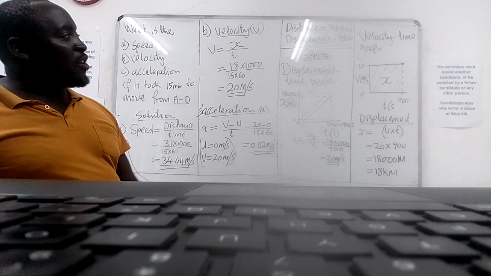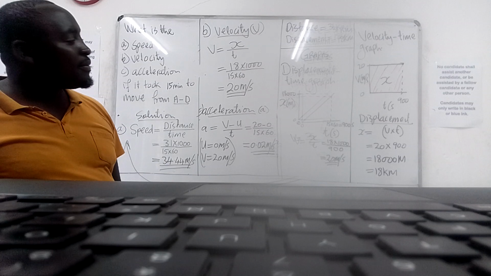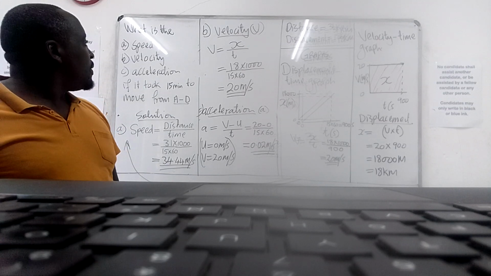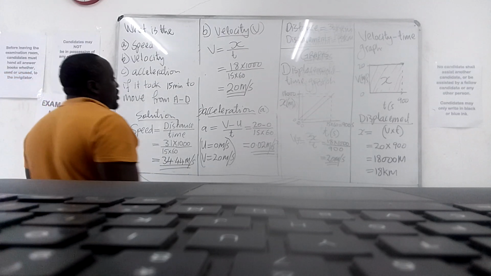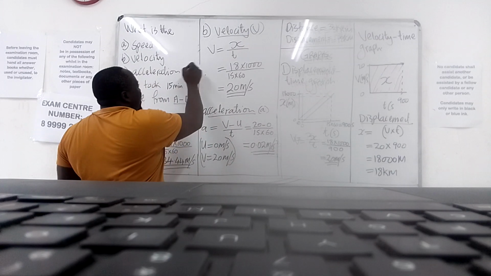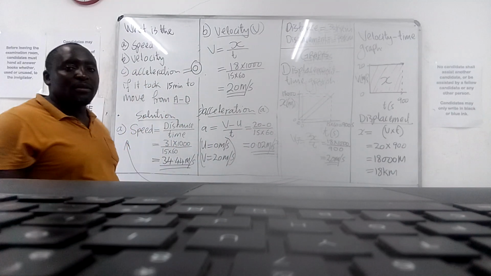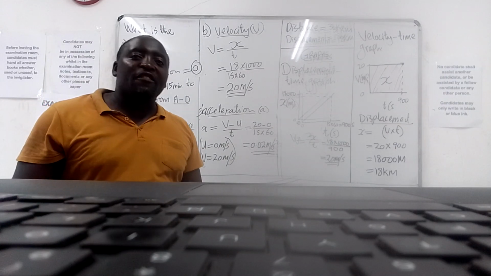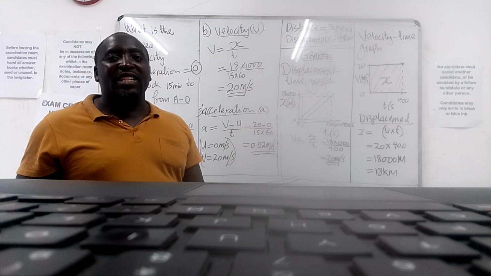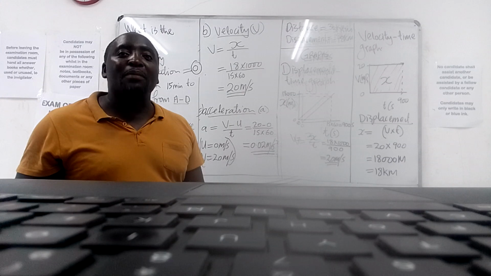When the velocity is constant, what is the acceleration? It means there is no acceleration. Acceleration will be what? 0. Because final velocity and the initial velocity, they are both the same size.